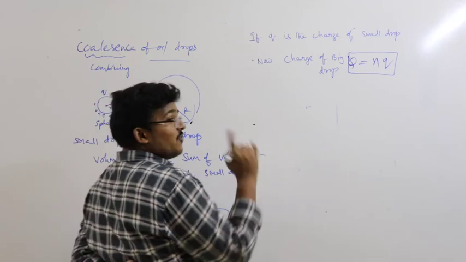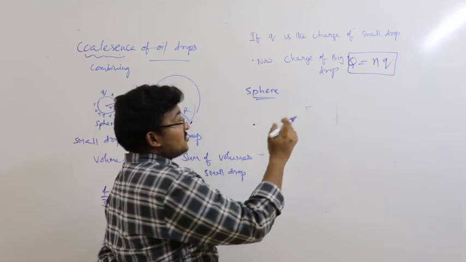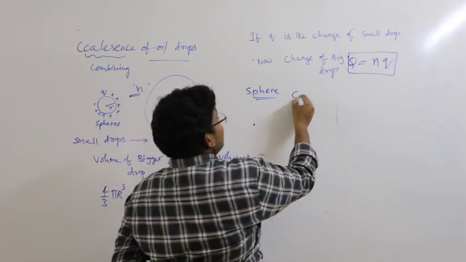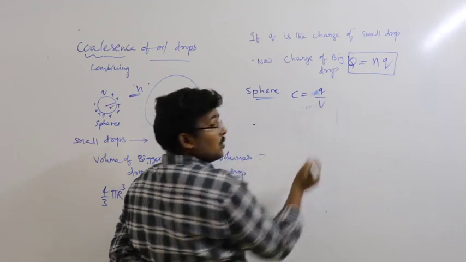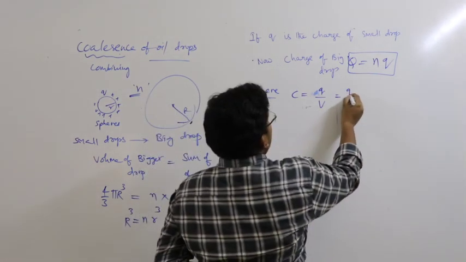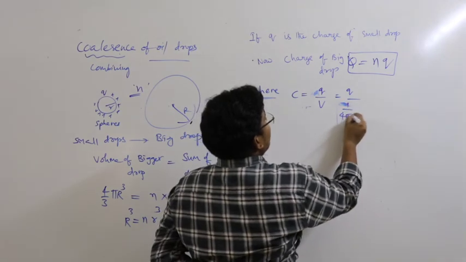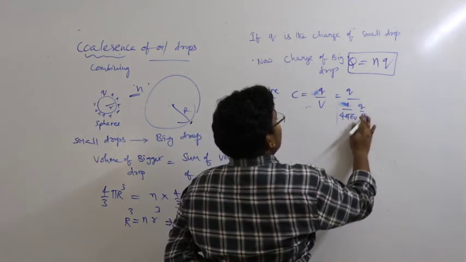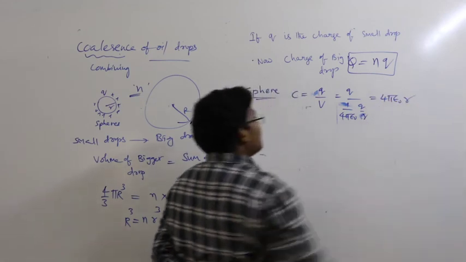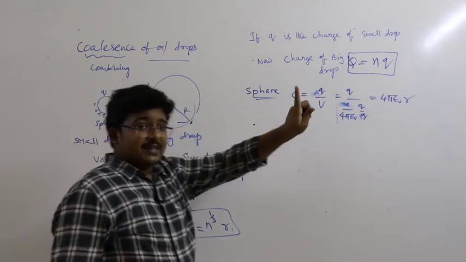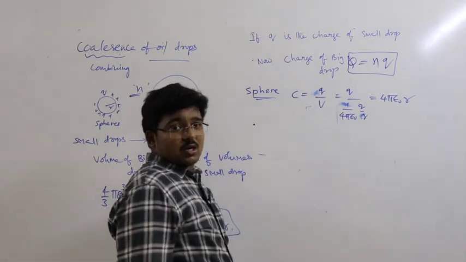Alright, now tell me, for a sphere like a spherical capacitor, the capacitance formula we already derived as C is equal to Q upon potential, where potential is K Q by R, that is 1 by 4 pi epsilon naught Q by R. So the capacitance formula is 4 pi epsilon naught R. So for a single small drop, the capacitance is 4 pi epsilon naught small r.